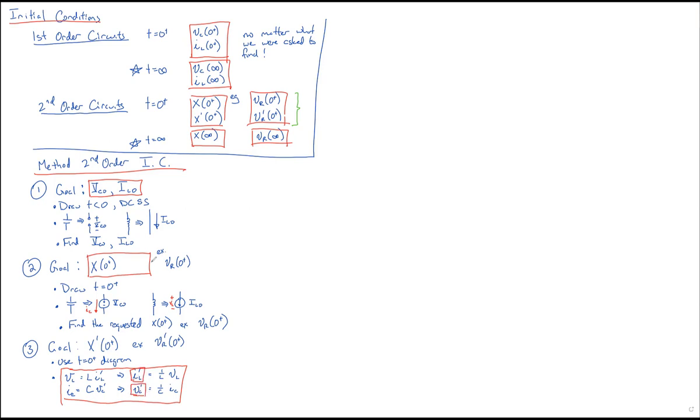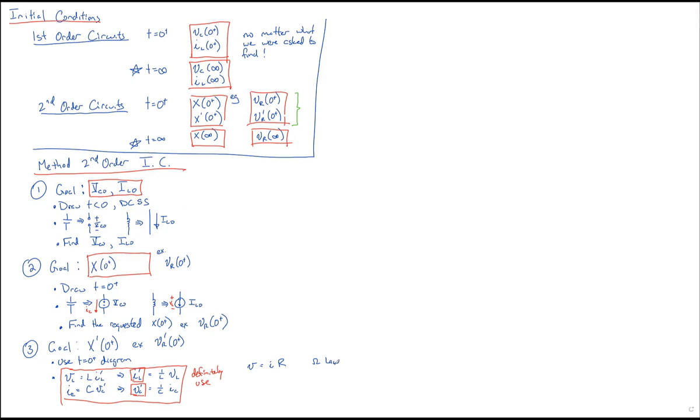You've now found I sub L in step 2 and I sub L prime in step 3, and you can drop the chalk and walk away. If, though, you're asked to find something else other than I sub L or V sub C, you've got to use extra steps. You still definitely use these, but you might also have to use some other rules too. Now, you already know Ohm's law.